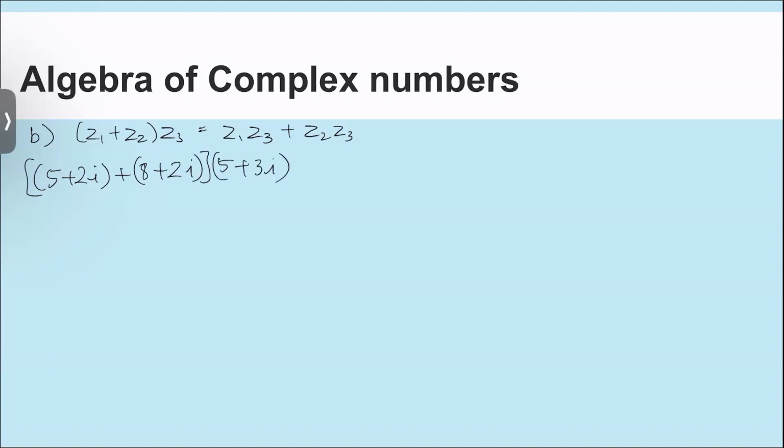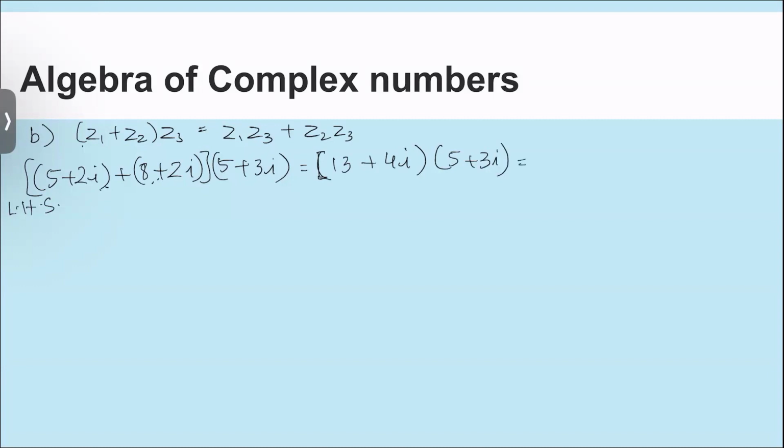Okay, so let's solve for the LHS part. We first solve the addition part of this. We'll see if it is valid. So let's first add these two complex numbers. What we get is 8 plus 5 to have 13 plus 4i, and multiply it by 5 plus 3i.